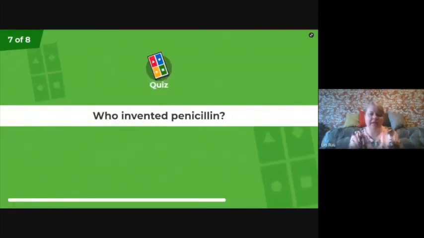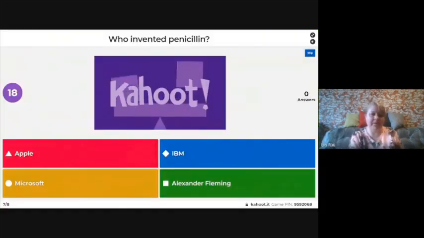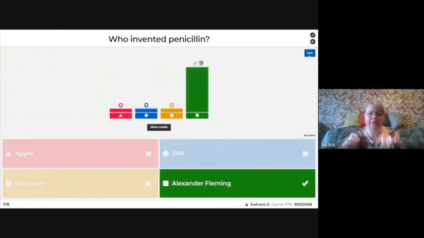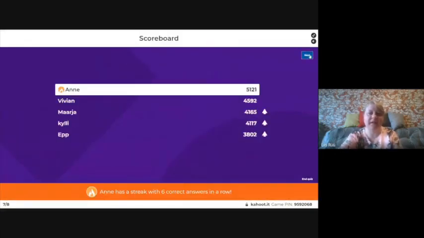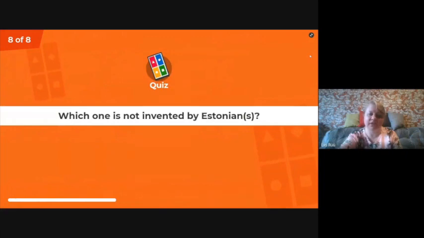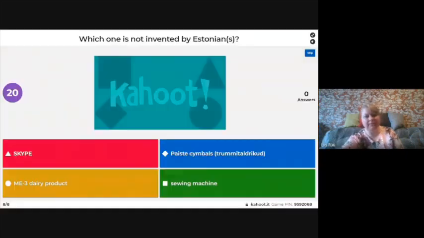Who invented penicillin? Was it Apple, IBM, Microsoft, or Alexander Fleming? I'm glad that you remember it from our today's lesson. It was Alexander Fleming. It wasn't some random computer company. And the next question. Which one is not invented by Estonian or Estonians?